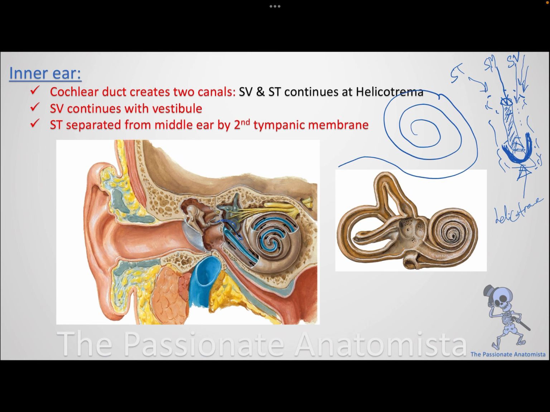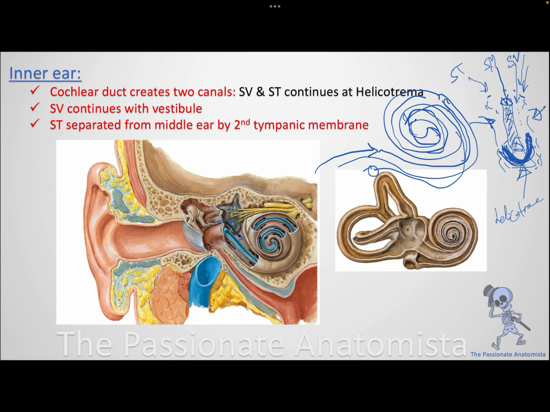I'm taking the sound waves from the scala vestibuli, I need to take them all the way around, and at some point I need to return them back through the scala tympani and bring them back to the round window. So I need this communication between the scala vestibuli and the scala tympani all around the media.